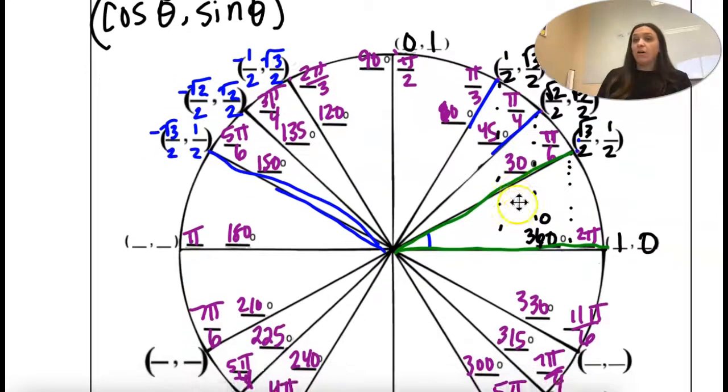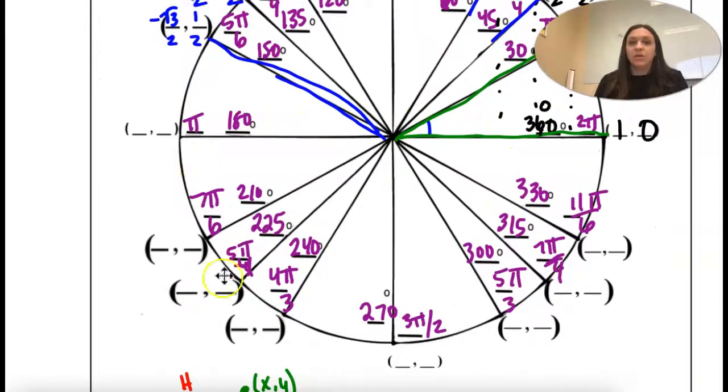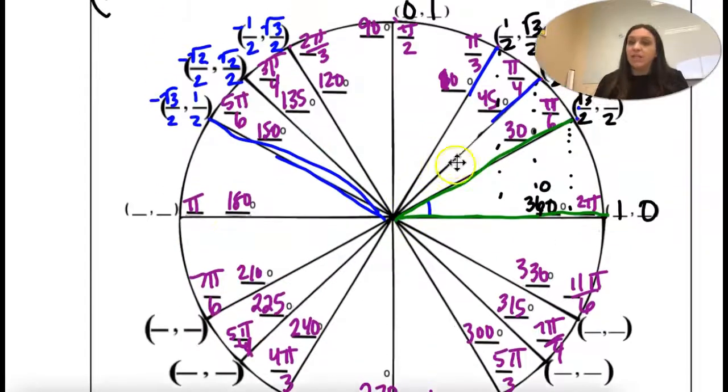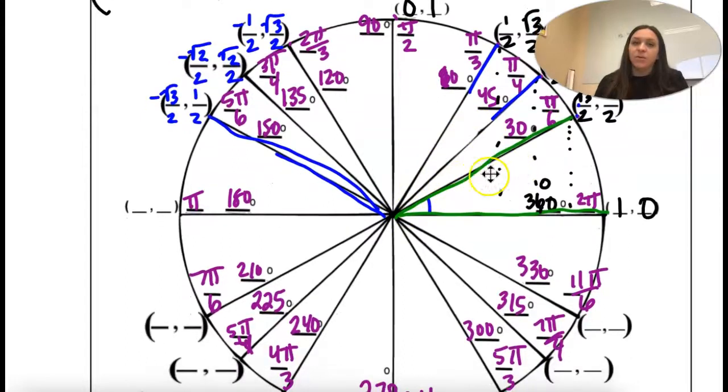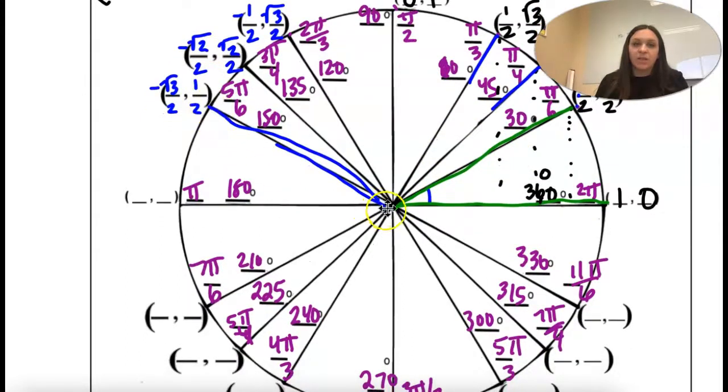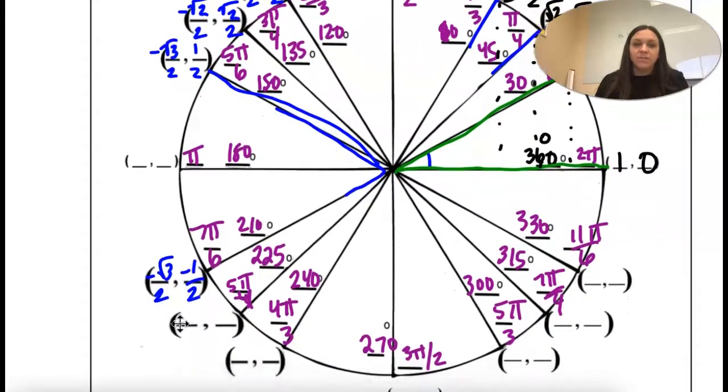And we would mirror it all the way across. In this quadrant, everything's negative, right? So we would bring this one down here, negative square root of 3 over 2, negative 1/2. Negative square root of 2 over 2, negative square root of 2 over 2. Negative 1/2, negative square root of 3 over 2.